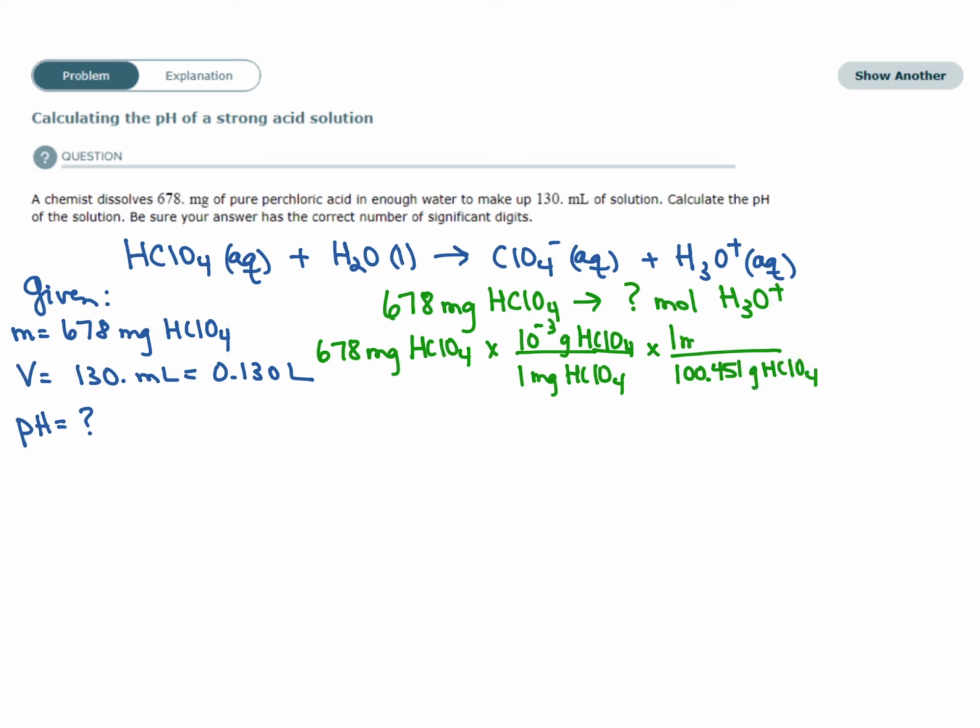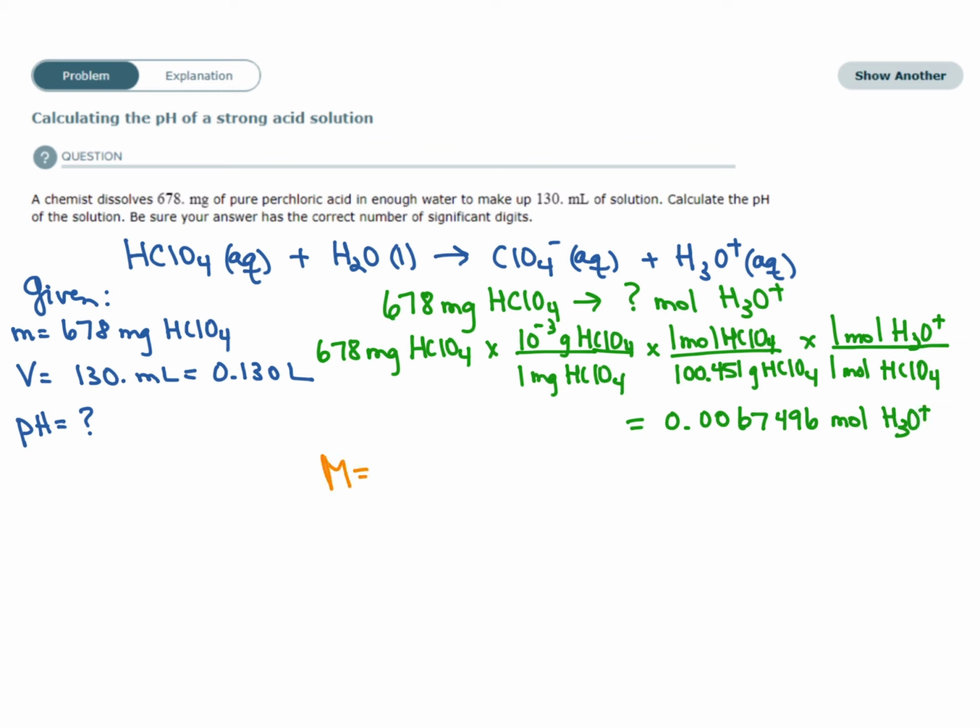And this equals 1 mole of HClO4. Take a look at the balanced chemical equation. For every 1 mole of H3O plus, I have 1 mole of HClO4. Again, you don't want to round too early, so I'm going to take this out to a few more digits than I really need. I have moles of H3O plus.